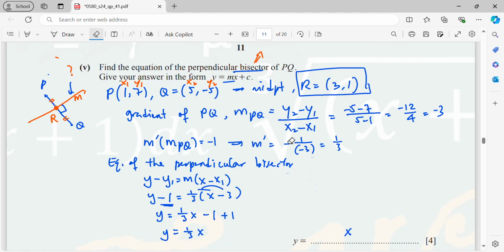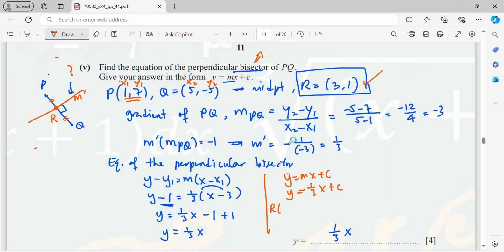So this is the solution of this question. Alternatively, you can just write y equals mx plus c. So your m is 1 over 3. Just use this method. After that, substitute any point. You can use P or Q, no, you have to use R because we are finding the perpendicular bisector.